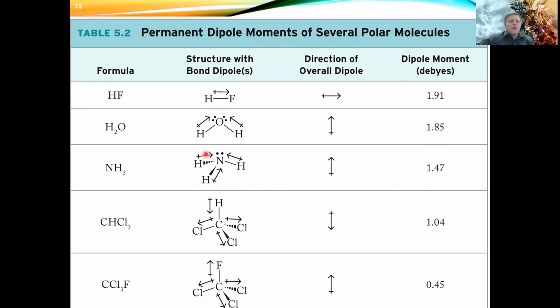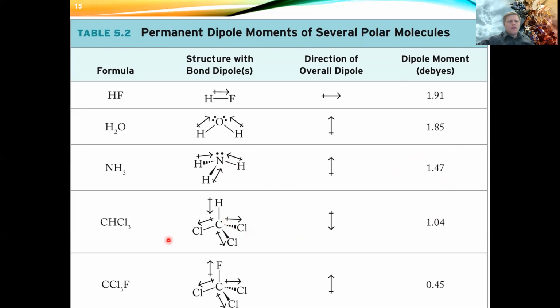Because when you're adding these three in NH3, they're all facing different ways. They all have some amount that's pointing up, but the part that's pointing into the nitrogen is all canceling each other out. And so you still get an overall dipole pointing from between all three hydrogens up through the electronegative nitrogen, but it's a little weaker now.